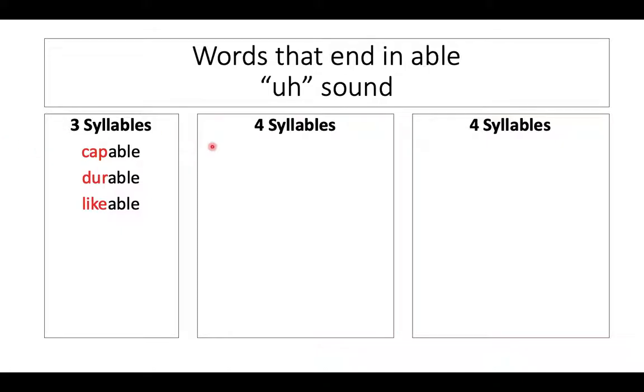All right, so that's it for 3-syllable words. We'll move on to 4-syllable words, and these come in 2 different kinds. So the first set here, they also have the stress at the beginning of the word, just like three-syllable words. So this first one here is comfortable, reasonable, likable.